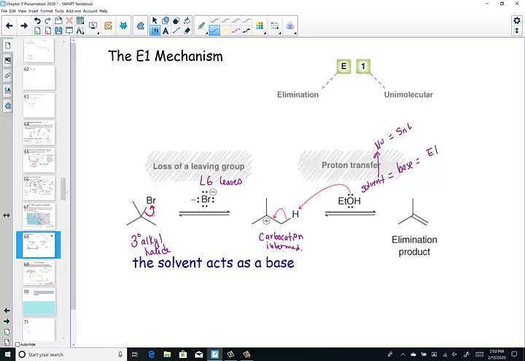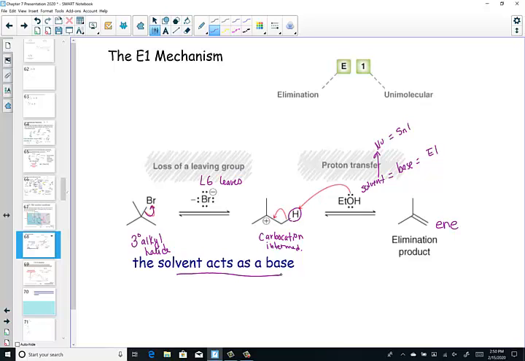If the solvent goes for the proton in the beta position, you form the alkene as the elimination product. If the solvent acts as a nucleophile, you have a substitution reaction in which we formed an ether in that example. The EtO is the ether linkage.